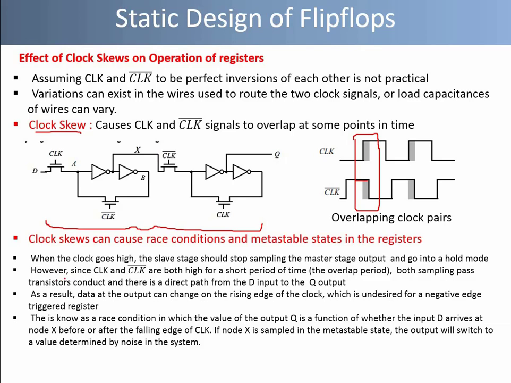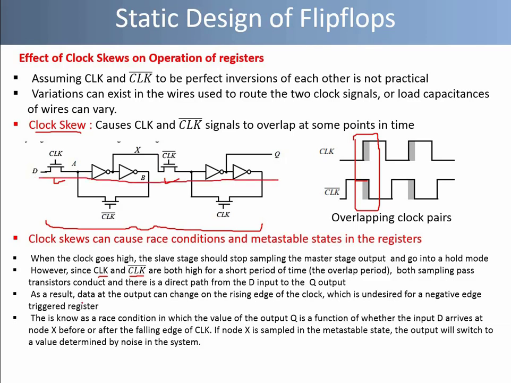However, due to the clock skew, the clock and clock bar signals are both high for a short period of time, known as the overlap period. Both the sampling pass transistors are switched on. As a result, there is a direct path from D input to the Q output.